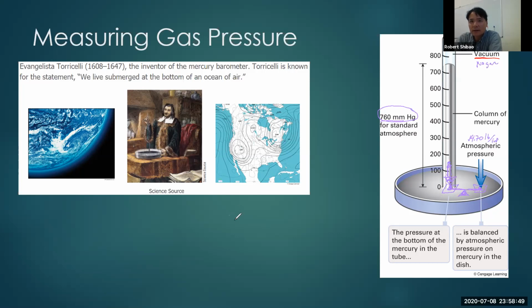It turns out that 760 millimeters of mercury is equivalent to 14.70 pounds per square inch. That's normal pressure, and we call that 1 atmosphere of pressure, ATM. ATM stands for atmosphere pressure. So that's 1 atmosphere.